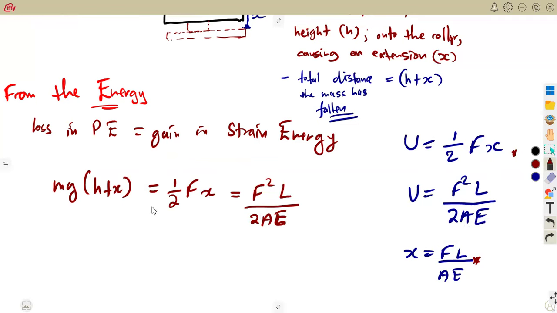Working with your formula sheet, like I always say, at the end of the day it will be you and the formula sheet. They will give you this formula as mg into h plus x equal to this. This is how they give it according to the formula sheet, but you're supposed to make adjustments where x is needed, because you know what x is equal to.